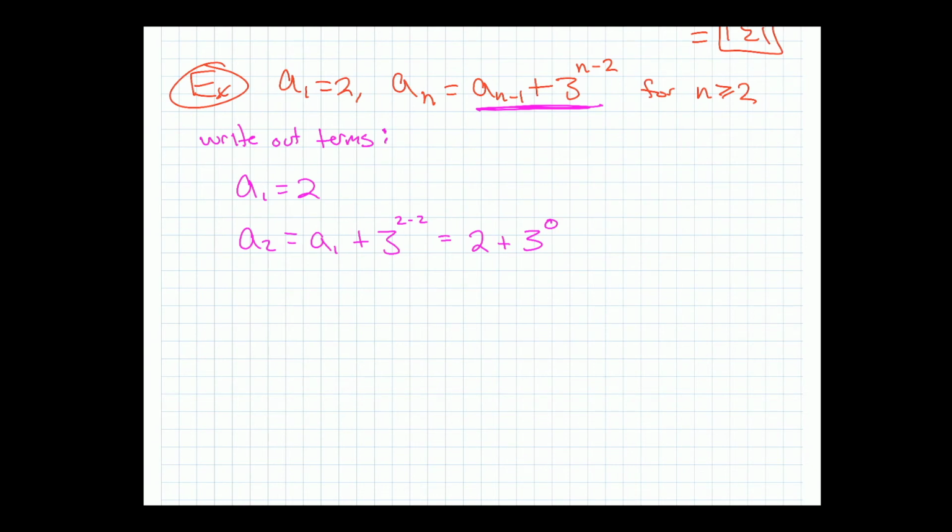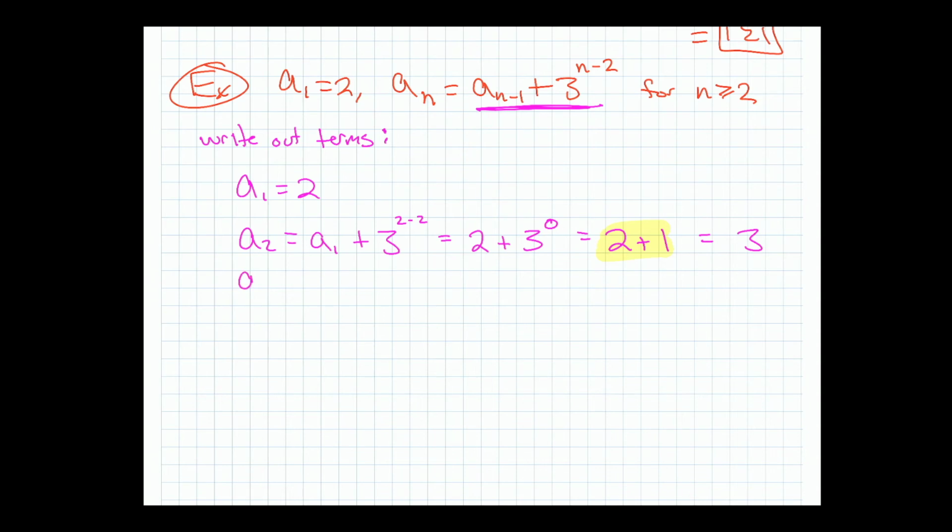I'm going to highlight this because I think this is how... that's fine. So that is actually 2 plus 1. You could write that as 3 if you want. But I think this is where we're going to have to pay attention.